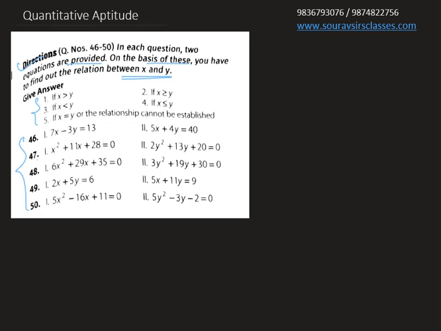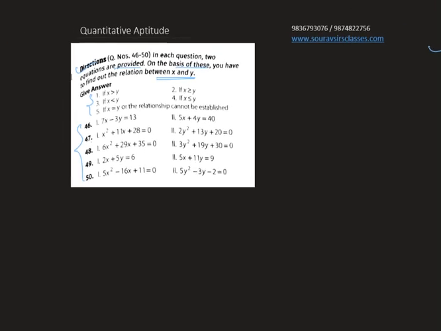For each question we are given two equations based on x and y, and from these two equations we need to solve for the values of x and y, and then we have to find among these 5 relations which relation is perfect for that question. So let's start with the first one.